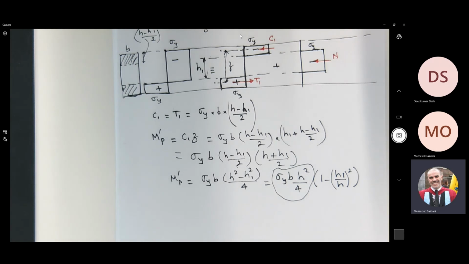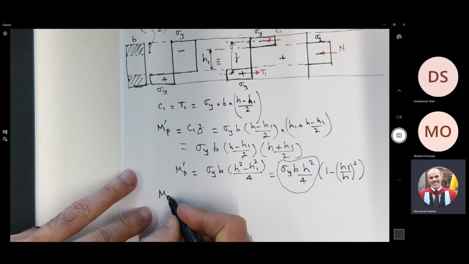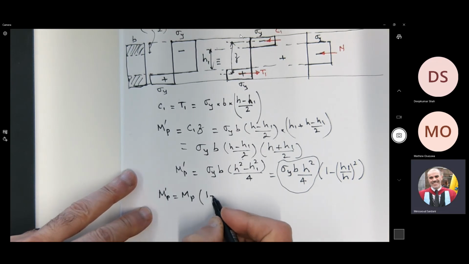What is sigma y B H squared over 4? It's MP. Yeah. So MP dash is in fact MP times 1 minus (H1 over H) squared.